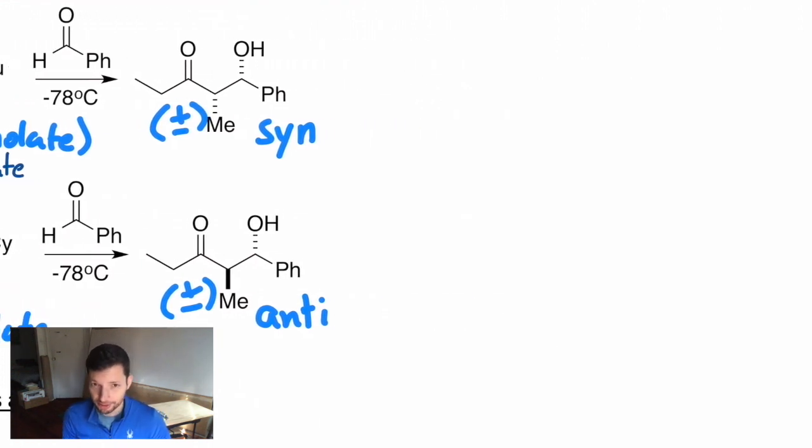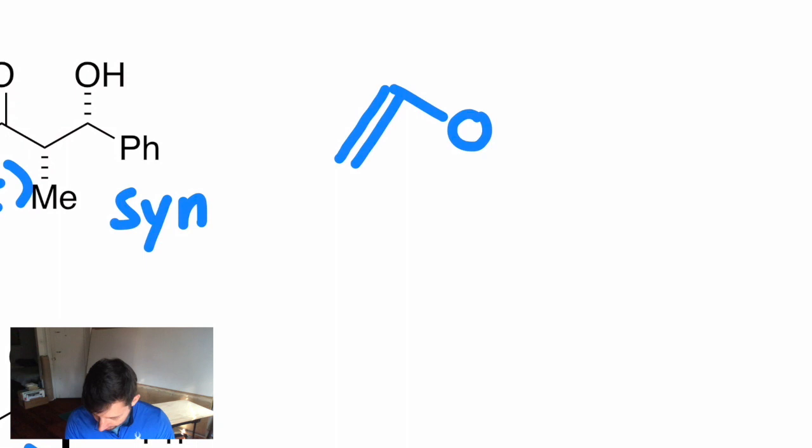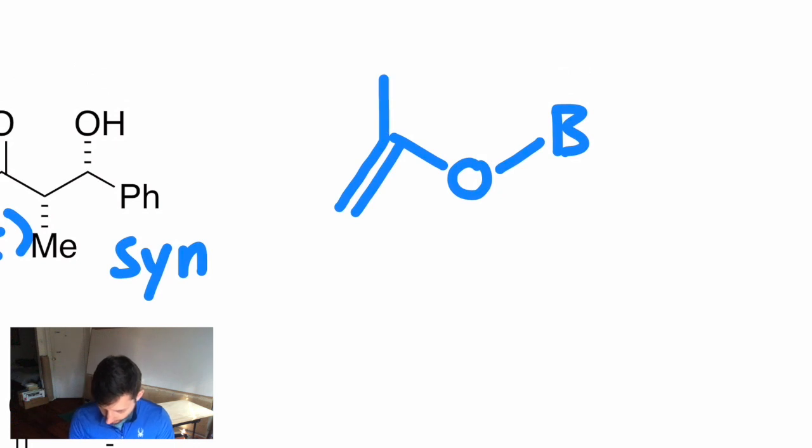For this, we have to look at a chair transition state, much like the reactions we looked at before. So I'm going to redraw that enolate. Here's the oxygen connected to a boron. And that enolate has, if I look at what it looks like on the left, an ethyl along for the ride, and I have a methyl right here.